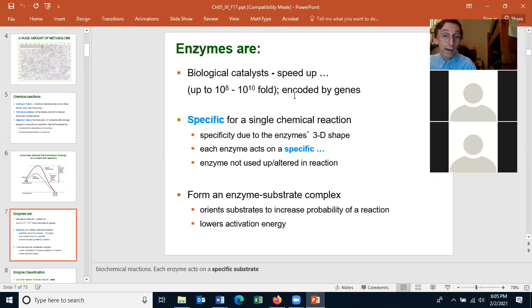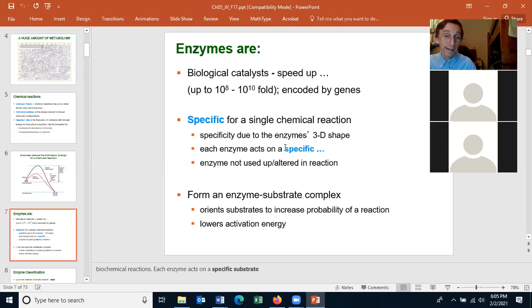Enzymes are encoded by genes. So in the DNA, you have a coding for all of the enzymes that your body needs. Enzymes are, for the most part, specific for a single chemical reaction. They bind specifically to a single specific substrate.